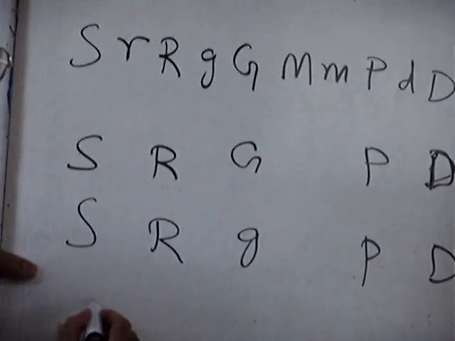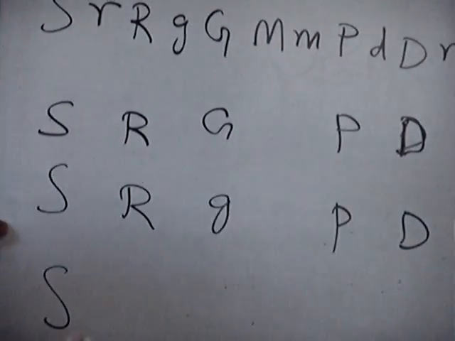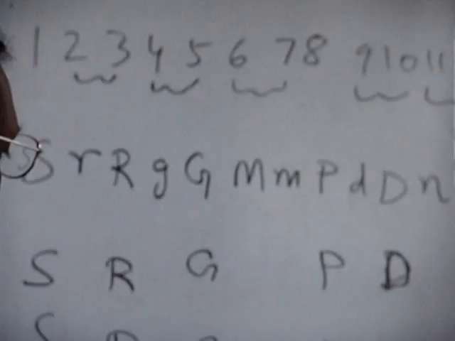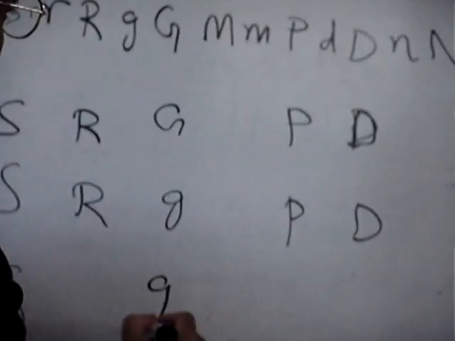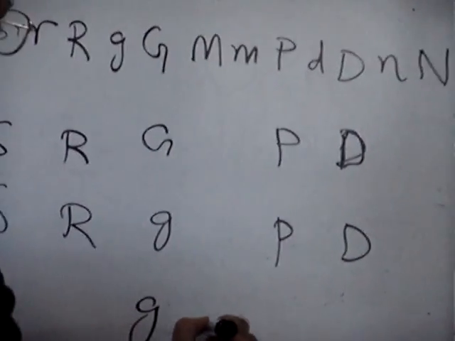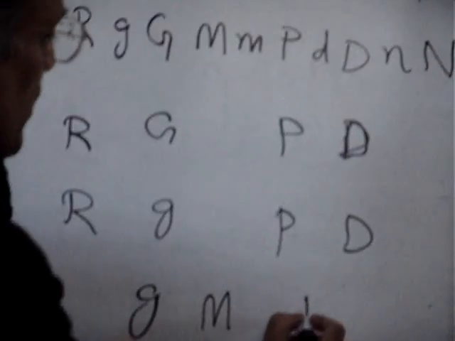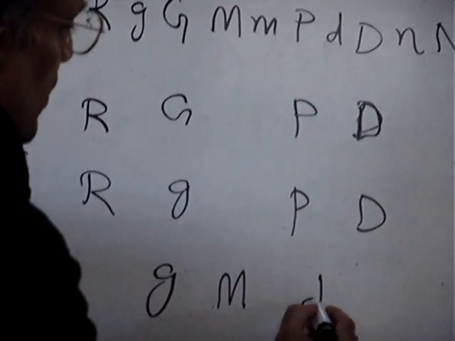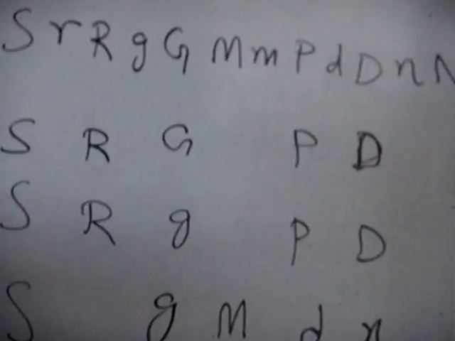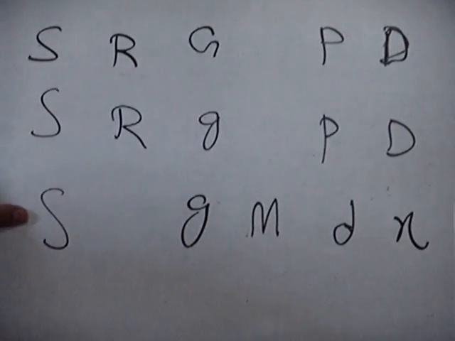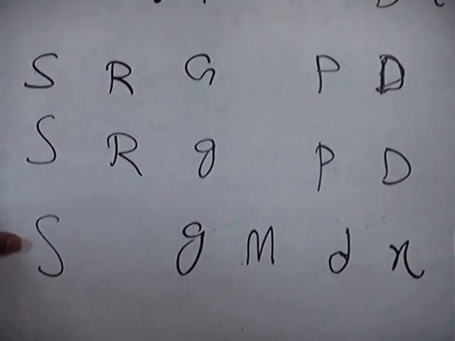Similarly, if you pick sa, key number 4 as ga, and ma, dha, ni. So if you pick sa ga ma dha ni sa, it becomes Hindolam.